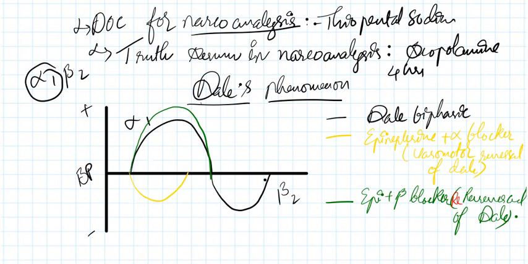Reversal of Dale, this green color wave, is seen when epinephrine is given along with beta blocker, because the beta blocking action minimizes this depletion wave. You will have only an increase in blood pressure, and no decrease in blood pressure. So that is called reversal of Dale. Yes, remember this, that will be sufficient.